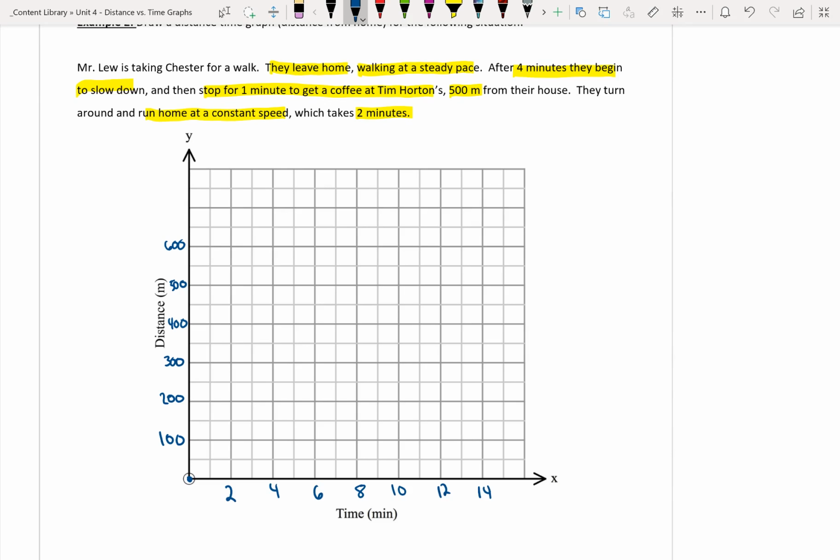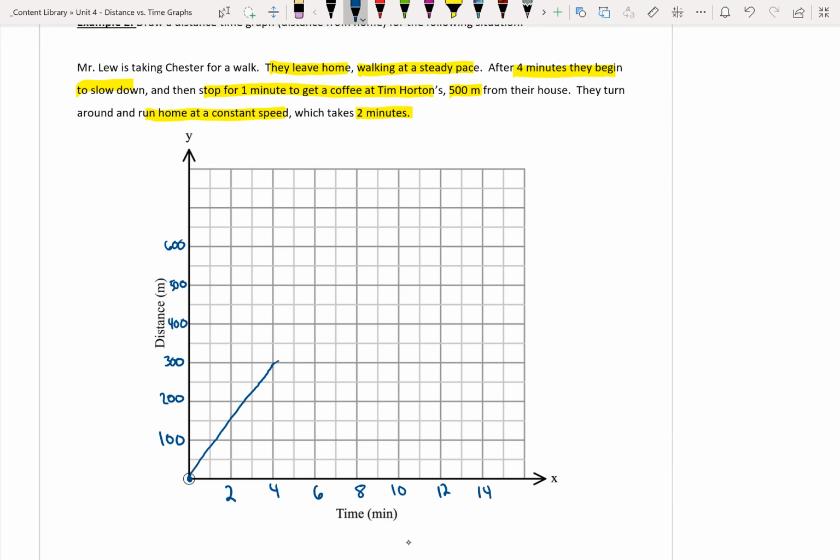So that means after 4 minutes, we're slowing down. So let's say we are walking at a pace to 300. And now we're going to slow down until we get to Tim Hortons. So since there's no actual time on how long we're slowing down for, but we do want to make sure that our line is not as steep as this first line.